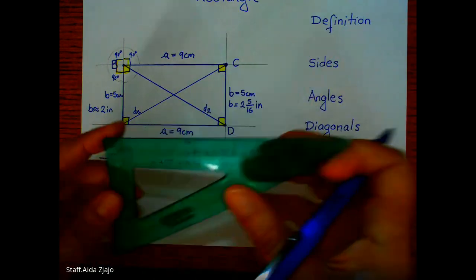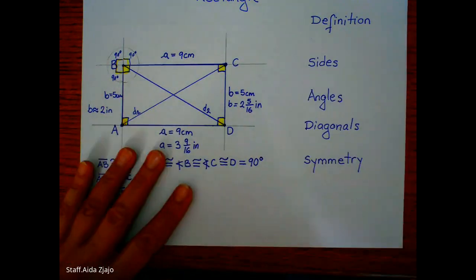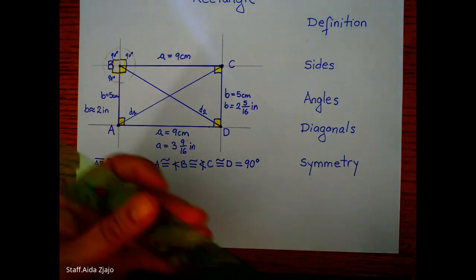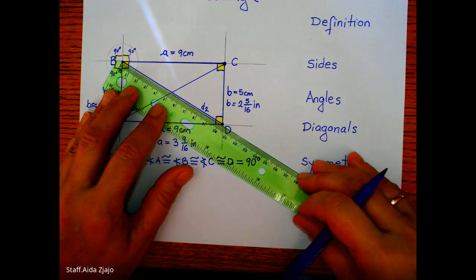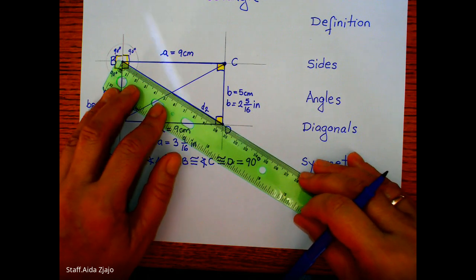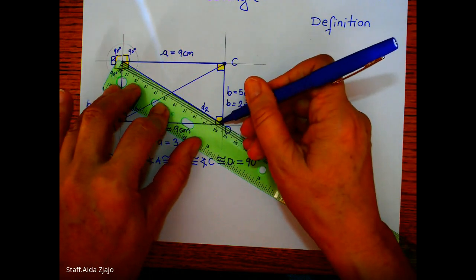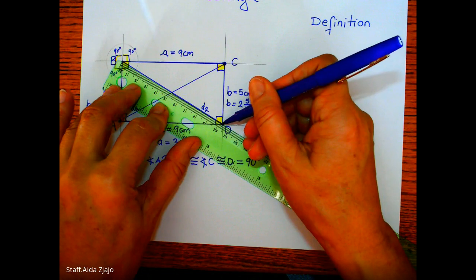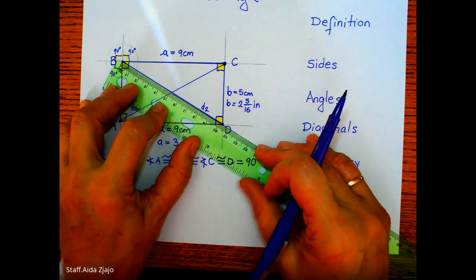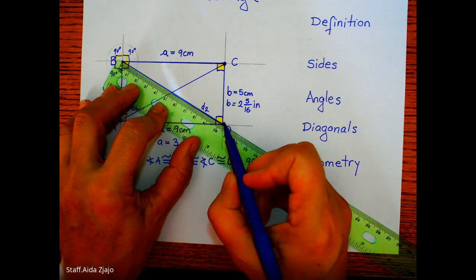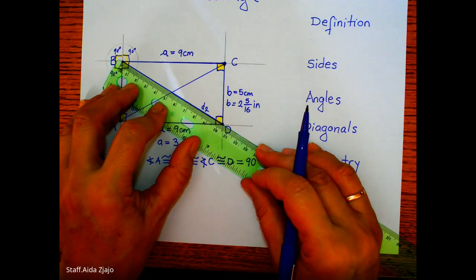Those diagonals are exactly the same. We can measure our diagonals and see how long they are. They're congruent, about 10 whole centimeters, about 10.4 centimeters.